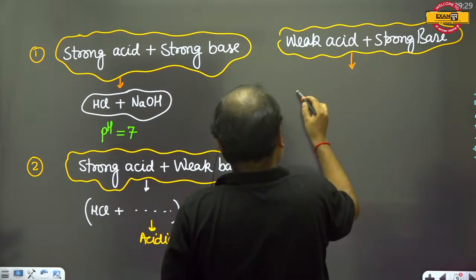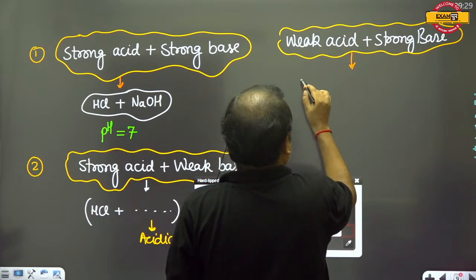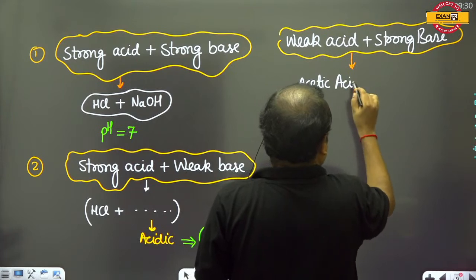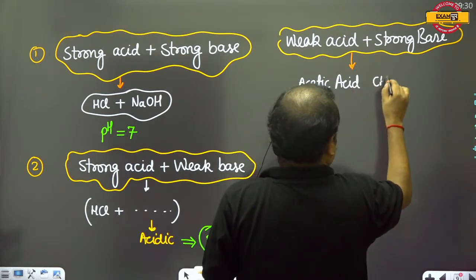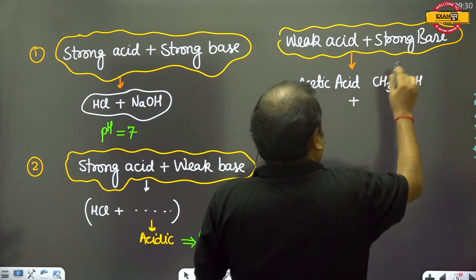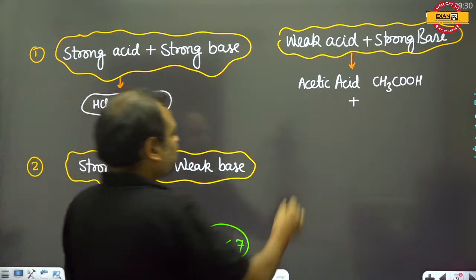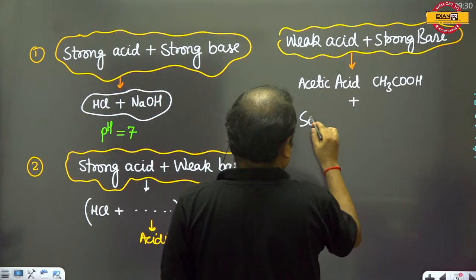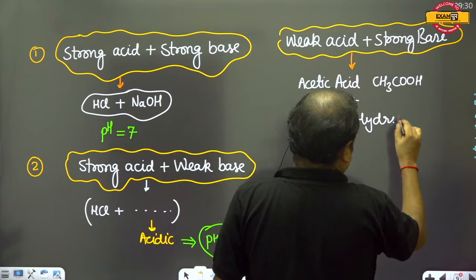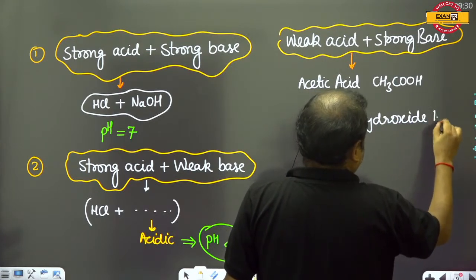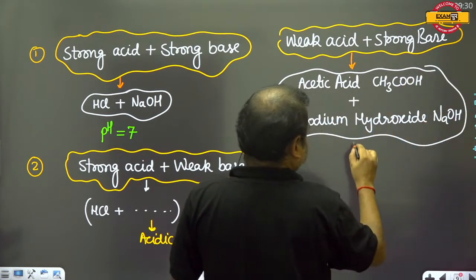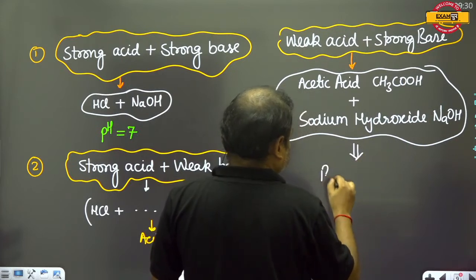A weak acid is just like acetic acid, which means vinegar, CH3COOH, plus a strong base, just like sodium hydroxide, NaOH. So the solution of these two will lead to a basic nature.